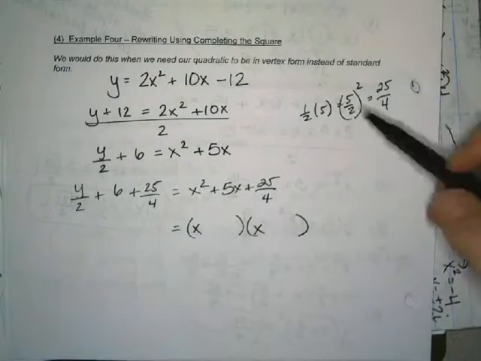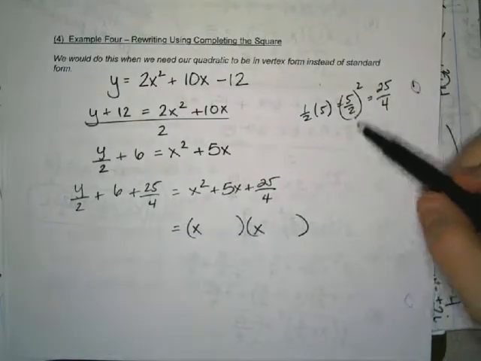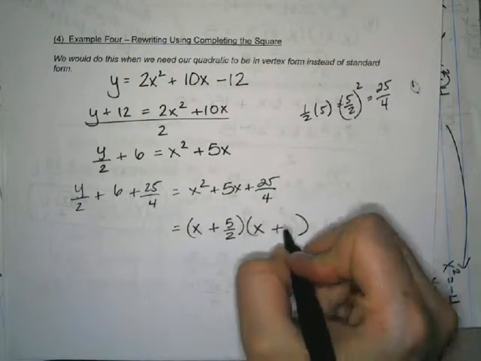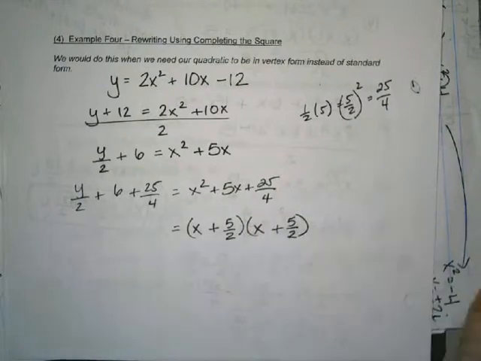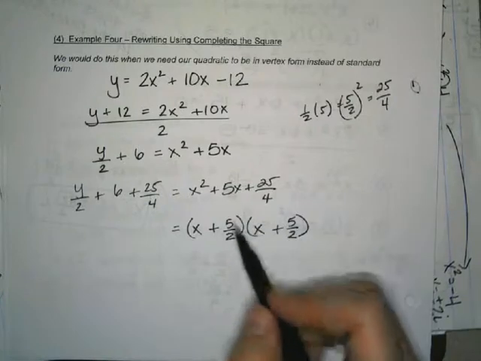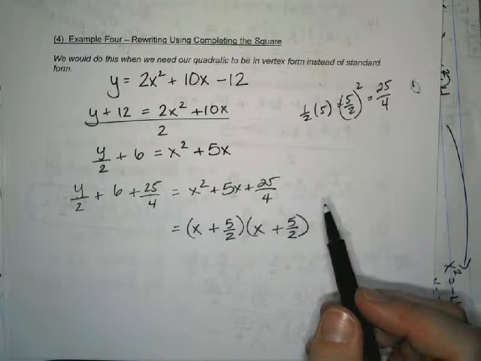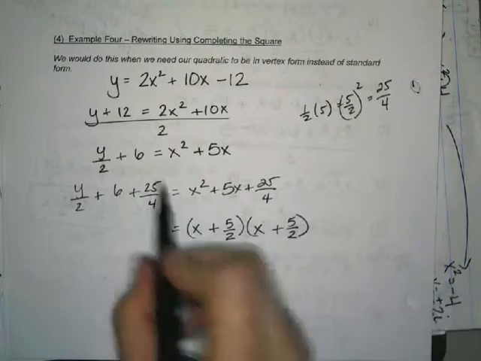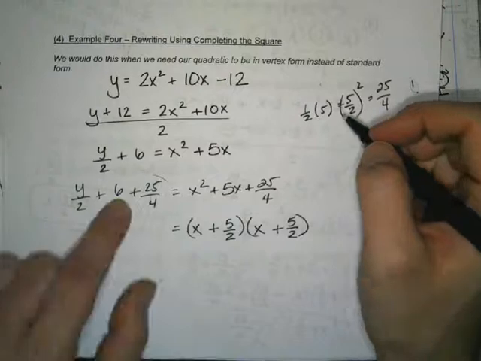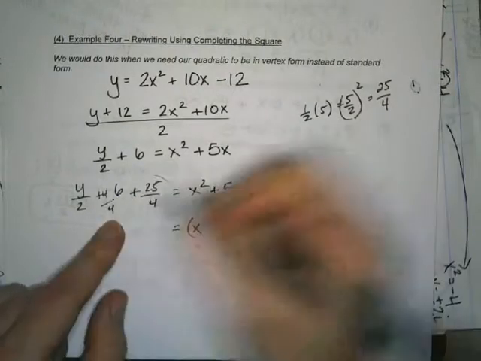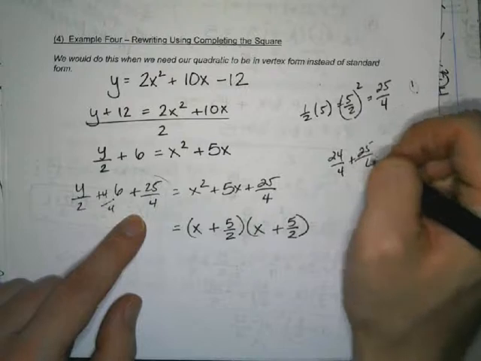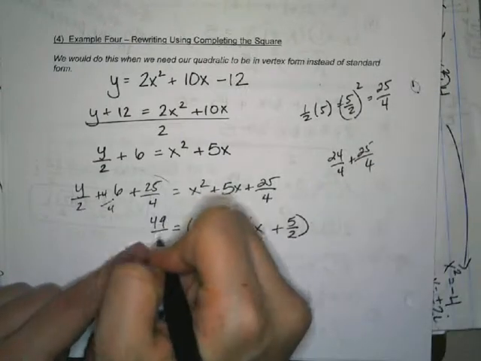And whatever half of b was, that's what goes in the parentheses. You can also just double check it. 5 halves plus 5 halves gives me 5. 5 halves times 5 halves gives me 25/4. And then I'm going to do my little side work here to add those together. In order to get common denominators, I have to multiply 6 by 4/4, so I get 24/4 plus 25/4. That gives me 49/4.